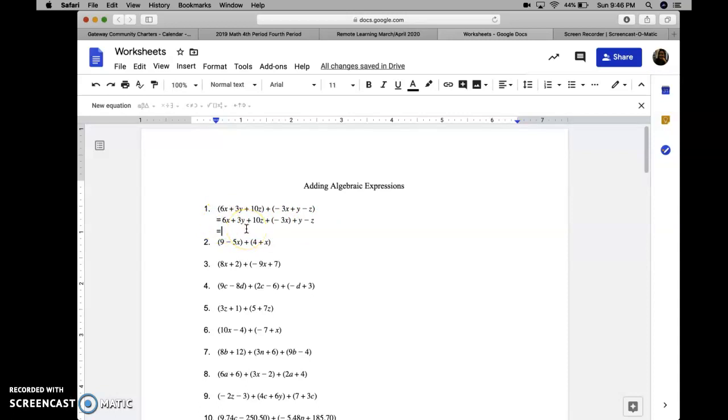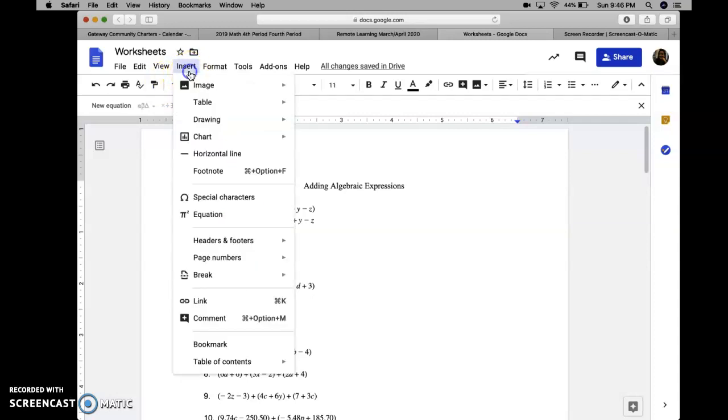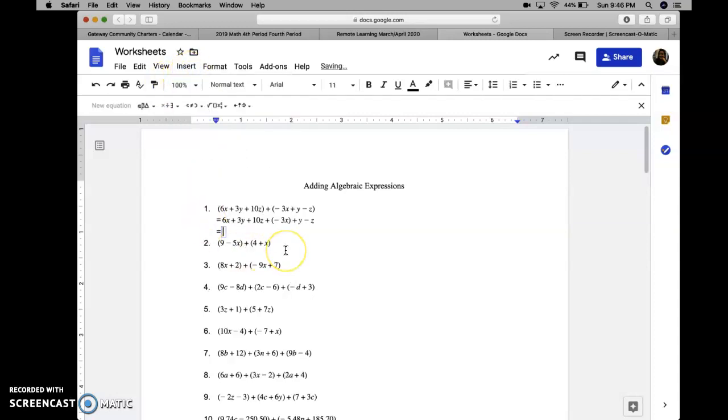Now all I have to do is combine like terms. In order to combine like terms, I am going to rearrange the terms so the like terms are next to each other. The first thing I move is this plus negative 3x, and then it'll shift my 3y over.